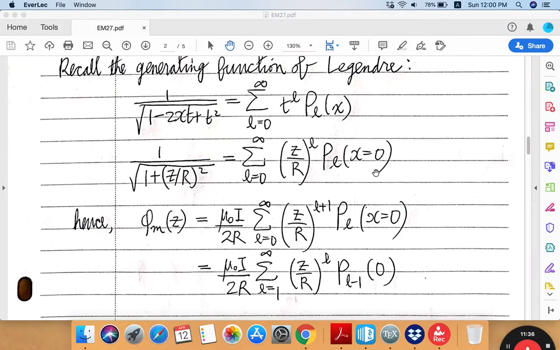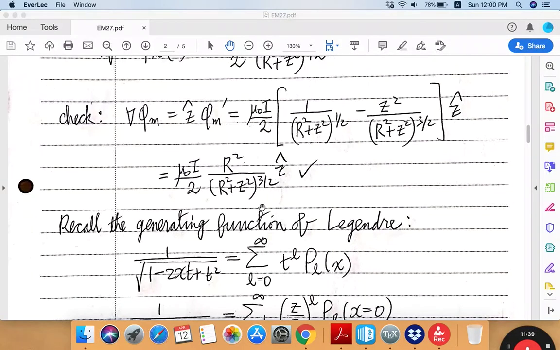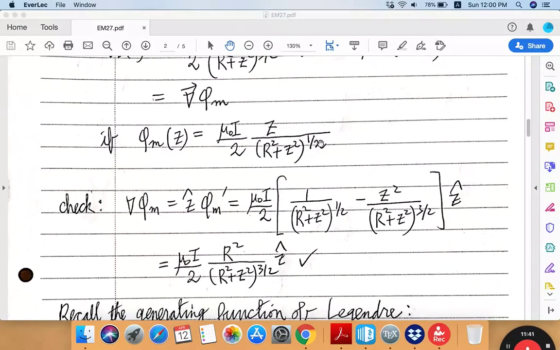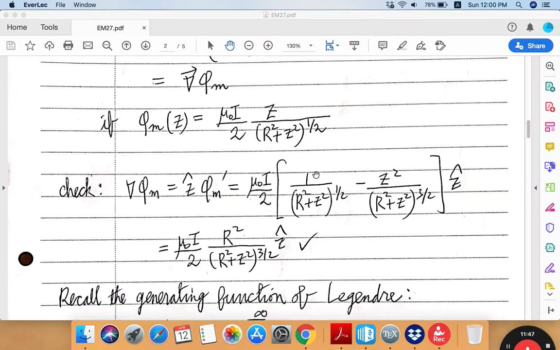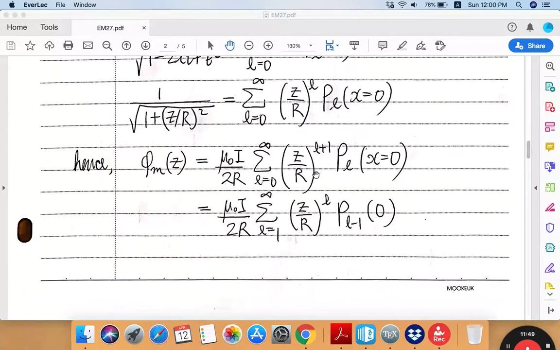Okay, so therefore this expression that we got as the magnetic scalar potential of the ring along the z-axis allows a series expansion form like this. Or just by redefinition, you can also write it like this.